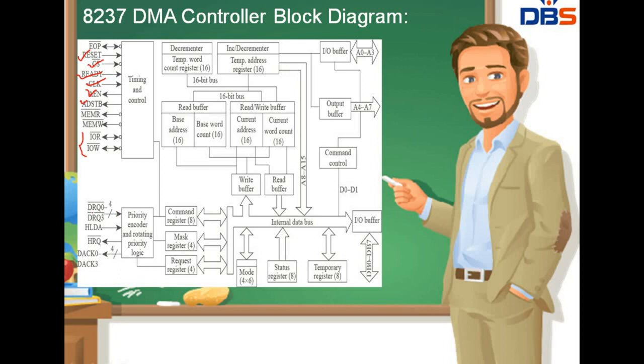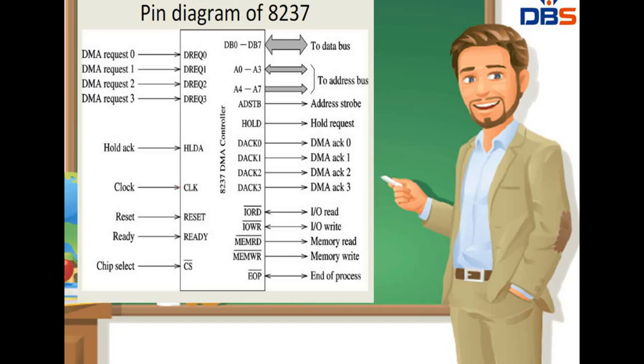Then there are data requests 0 to 3, HLDA (hold acknowledge), hold request, and data acknowledgements 0 to 3. Because we have 4 channels, we have 4 data requests. This will be explained in the pin diagram.